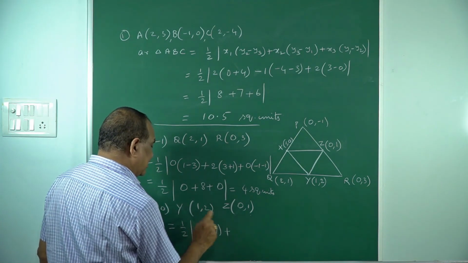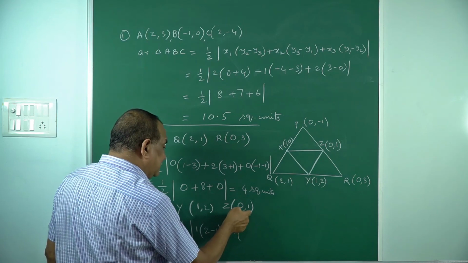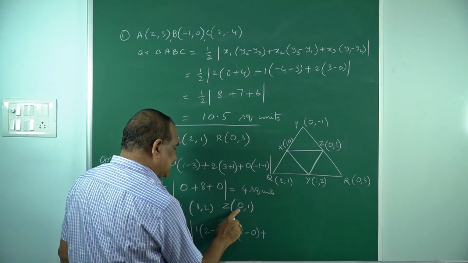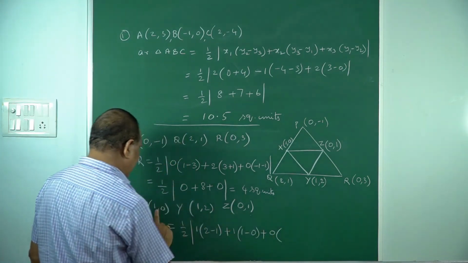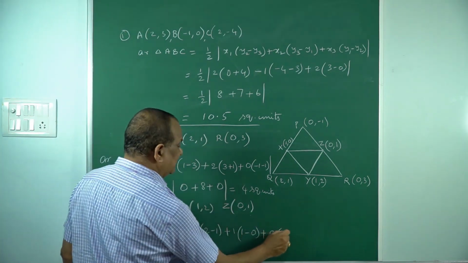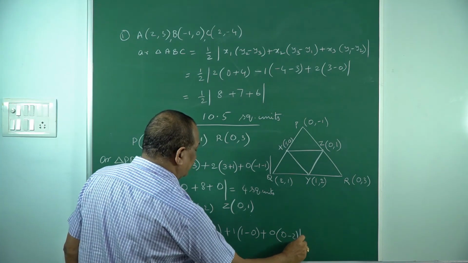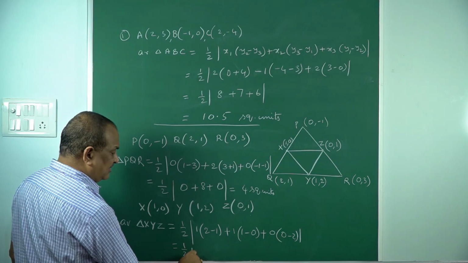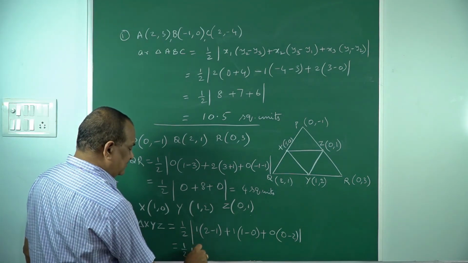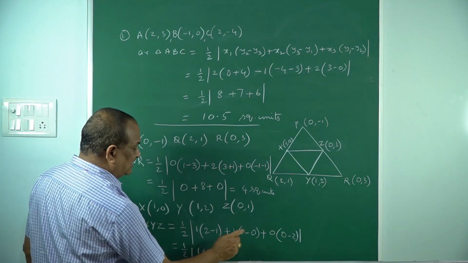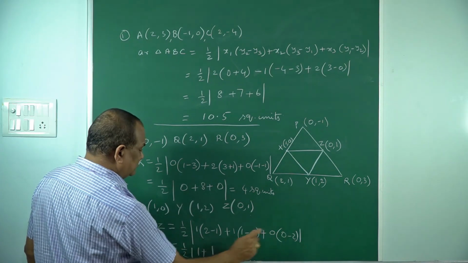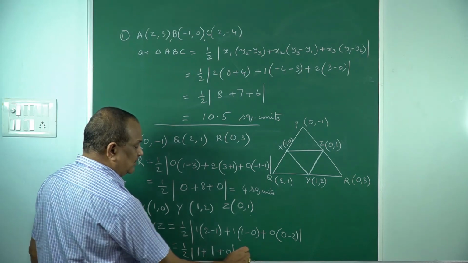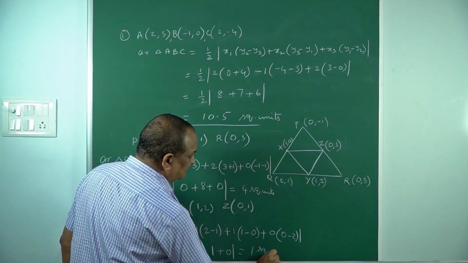Next, x2 times (y3 minus y1), 1 minus 0, plus x3 times (y1 minus y2), 0 minus 2. So here half of 1 times this 1 is 1, 1 times this 1 is 1, and this is 0 times something is 0, and the answer is half of this 2, which is 1 square unit.